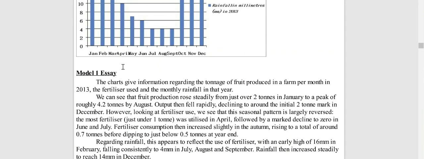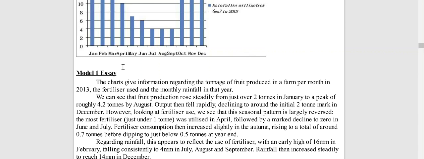We can see the fruit production rose steadily from just over 2 tons in January to a peak of roughly 4.2 tons by August. Output then fell rapidly, declining around the initial 2 tons mark in December. However, looking at fertilizer use, we see that this sinusoidal pattern is largely reversed.